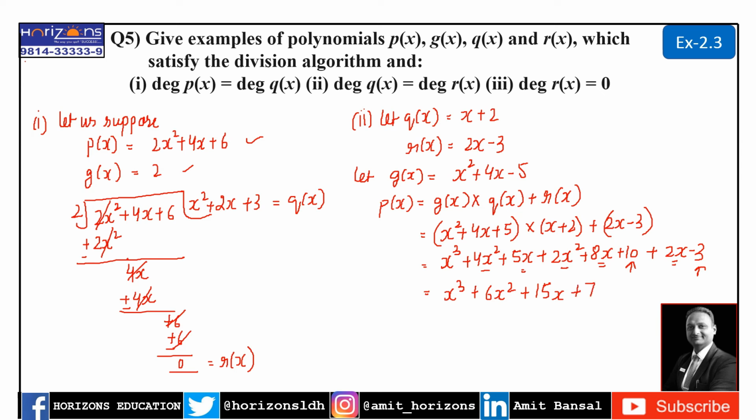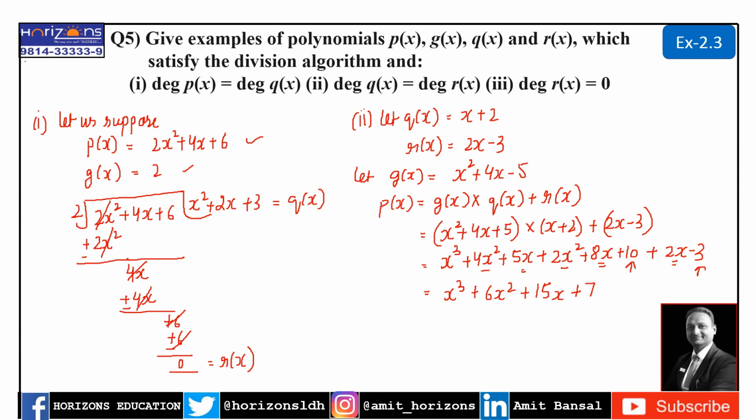Right? So this is the required polynomial, and this gives you a set of values for p(x), g(x), q(x) and r(x) such that they satisfy the division algorithm and the degree of quotient is equal to the degree of the remainder.